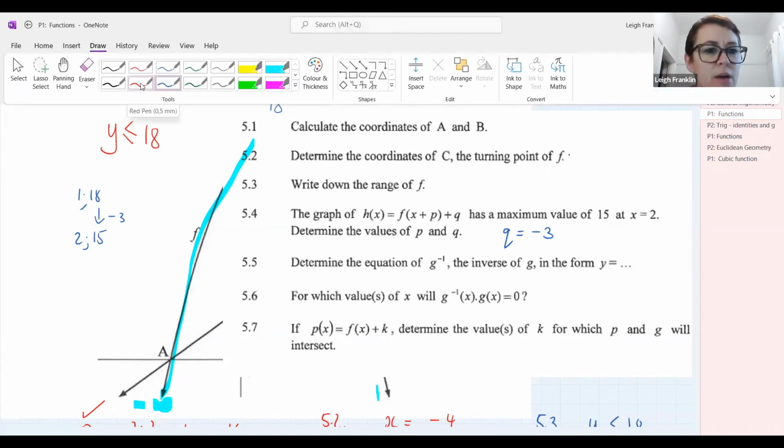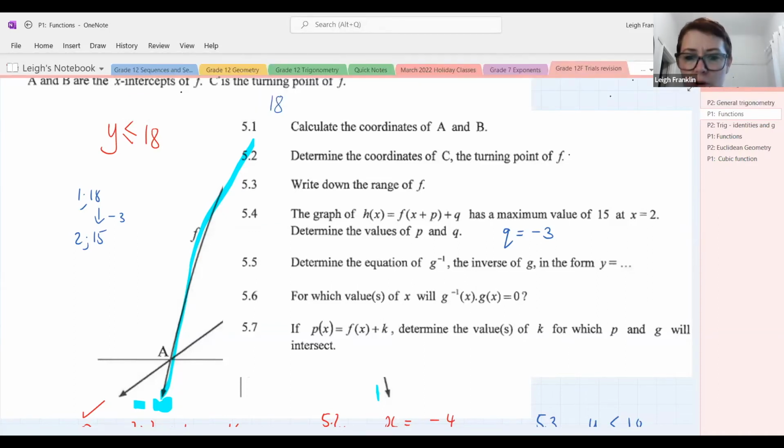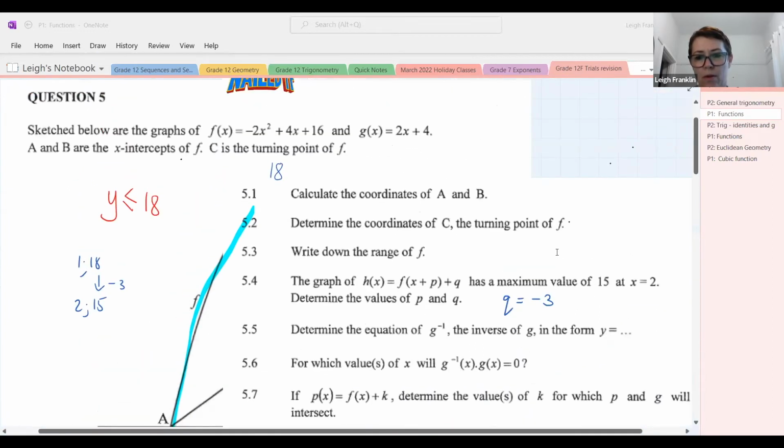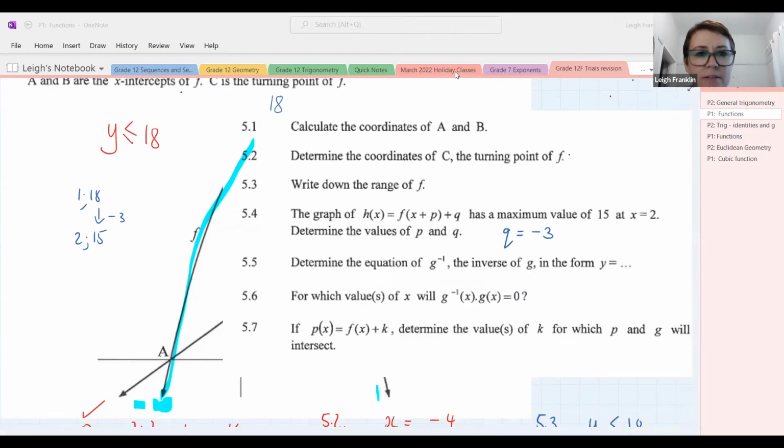Don't be afraid to say what you think. It doesn't matter if it's wrong. All that matters is that we're trying. Okay, lovely. So we've got a couple of answers here. The value of P, let's see what anybody else says.